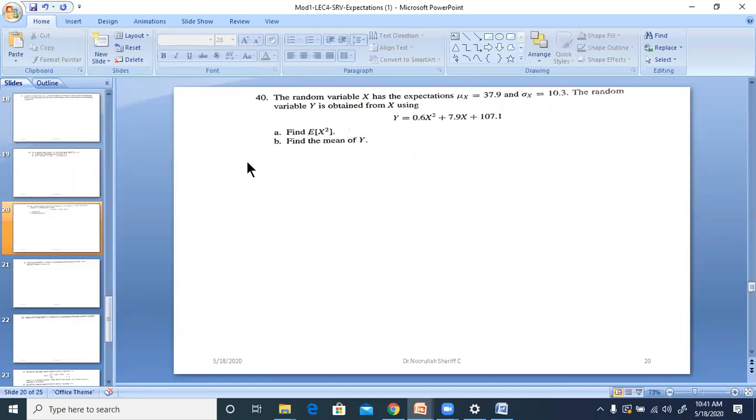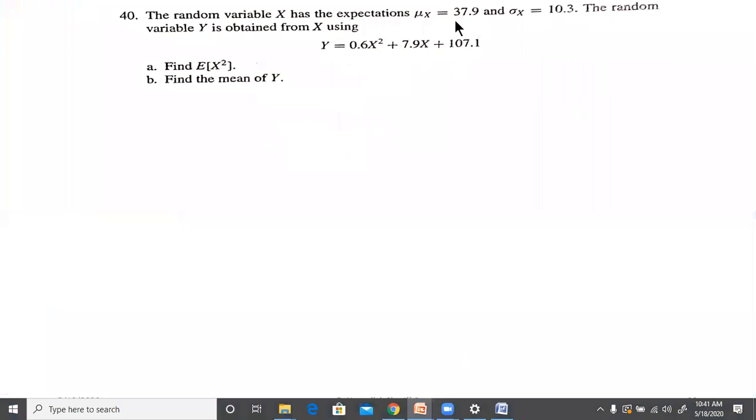So again, we can try to solve this, right? So I'll just take the annotation. A part, we need to find this. What is given to us is this. So we know the formula.